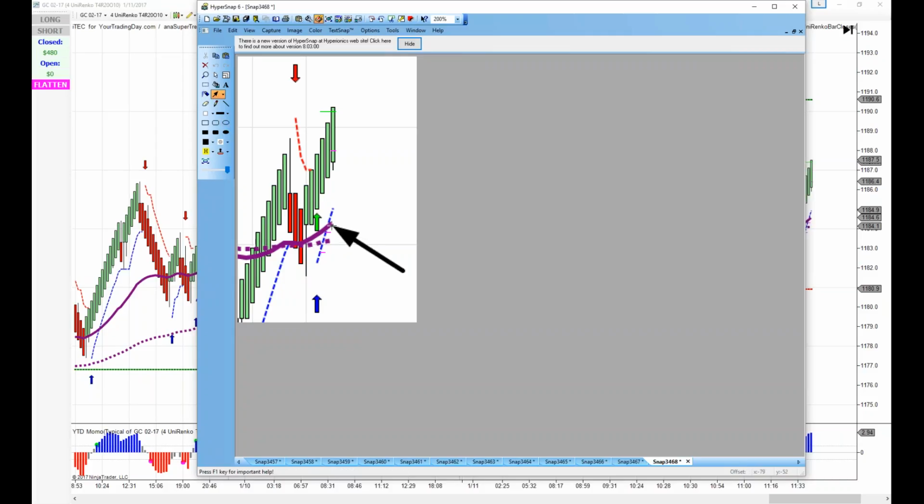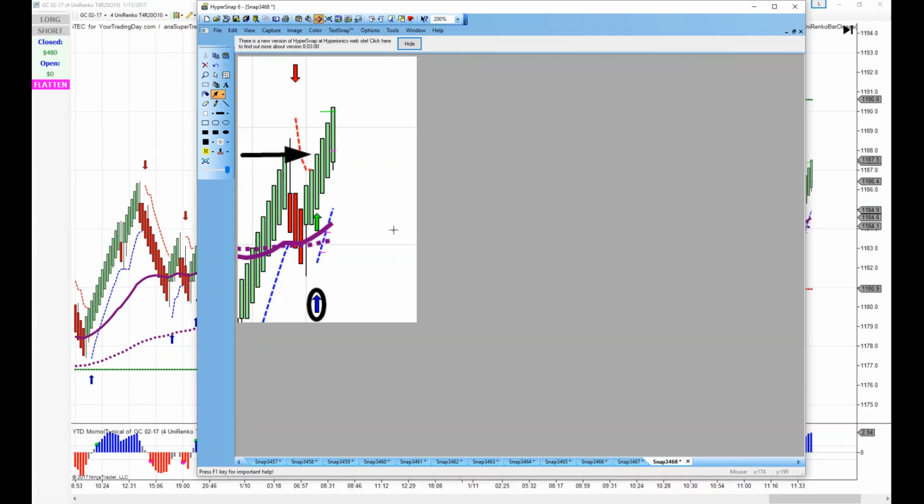The 50 moving average is above the 200 moving average. That's one. Two, I got a blue arrow. So because of the blue arrow, I entered the trade right here at the top of this bar.